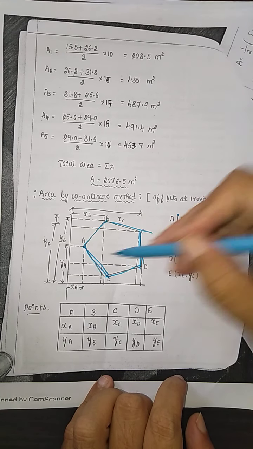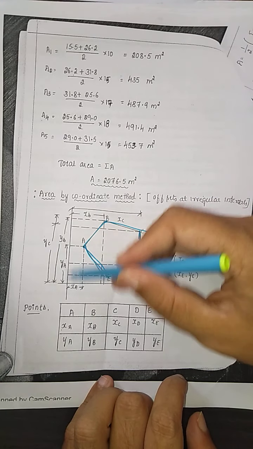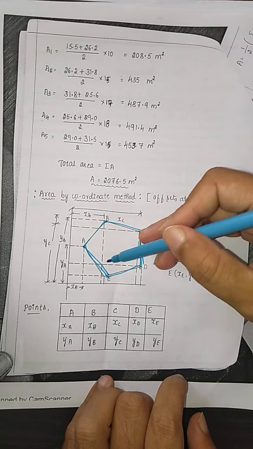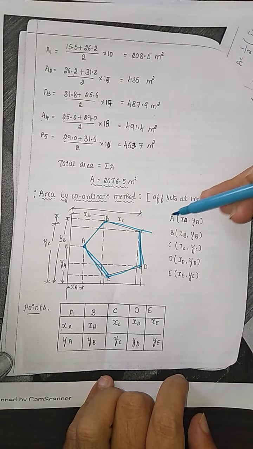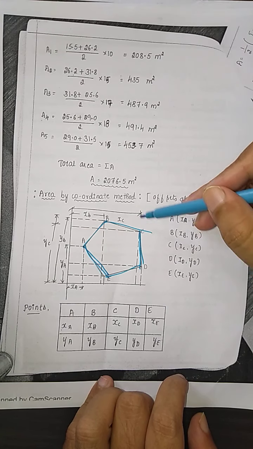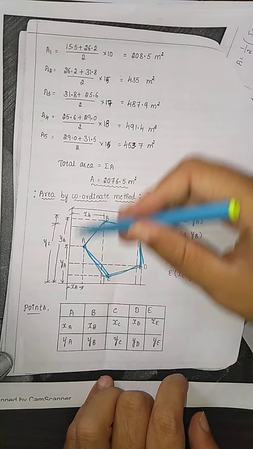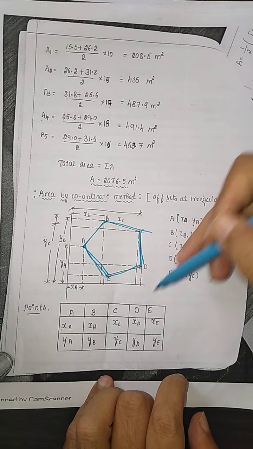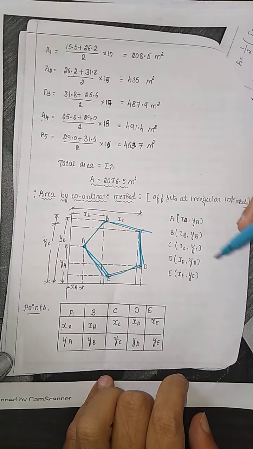The point A will have its coordinates xa and ya, and then point B will have xb and the height yb, and point C will have the horizontal distance xc and the vertical distance yc, and point D will have xd and yd.